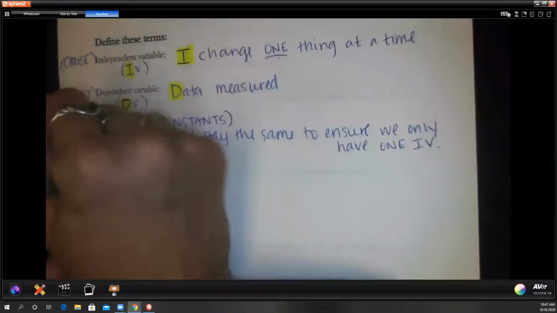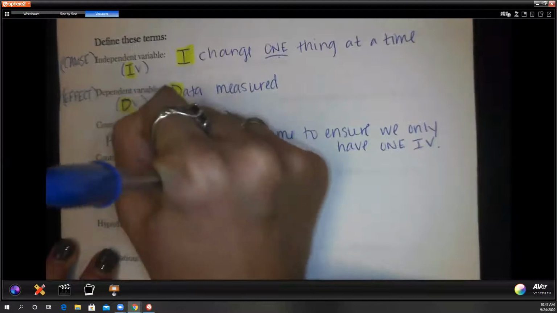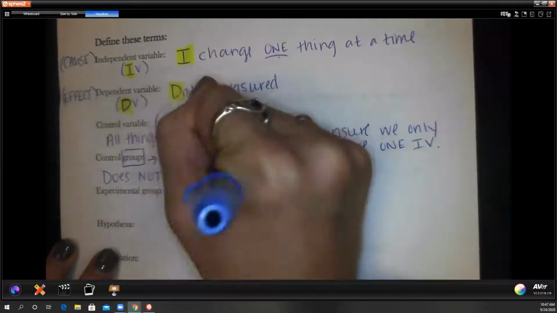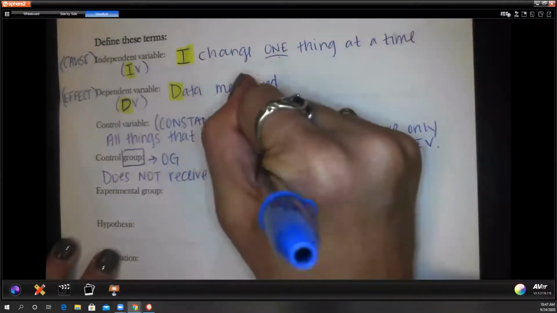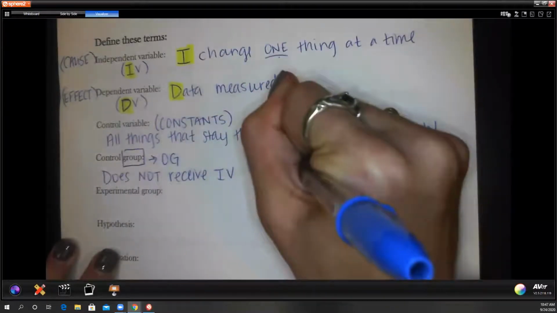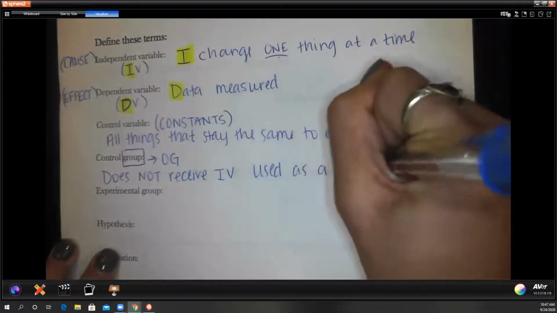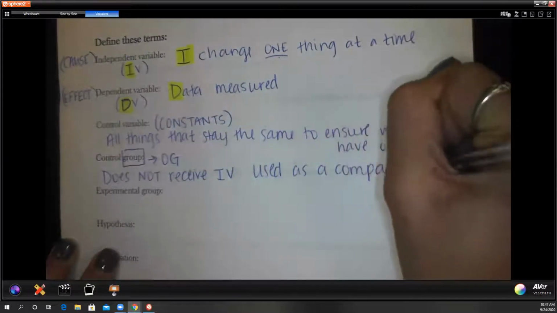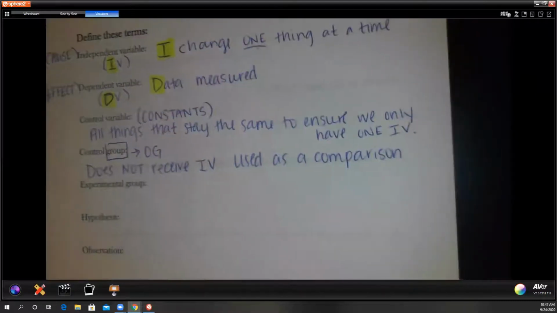This does not receive the IV. It's the group that goes without, and it's used as a comparison. It's our OG group, the original group.